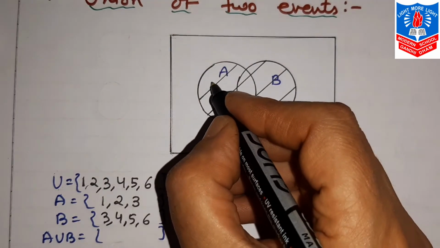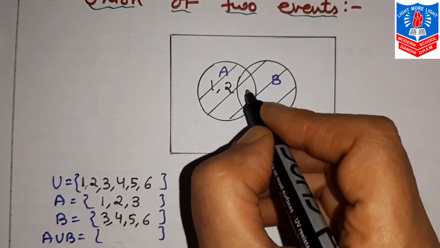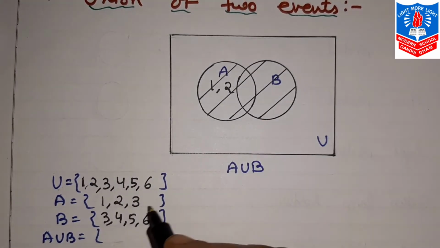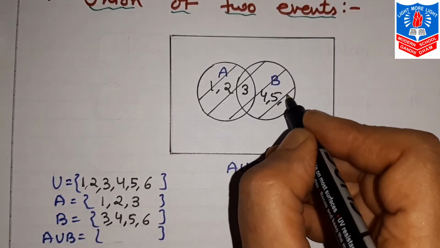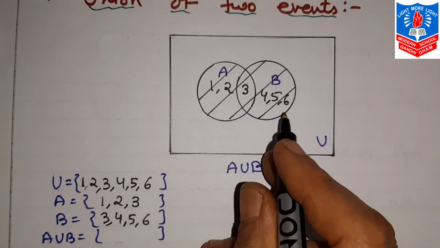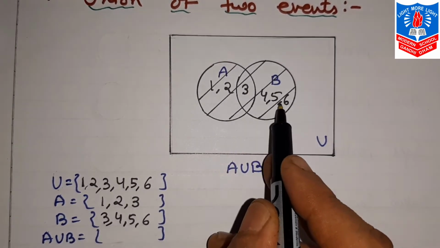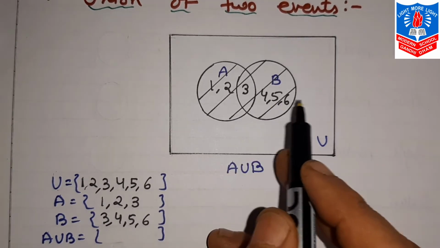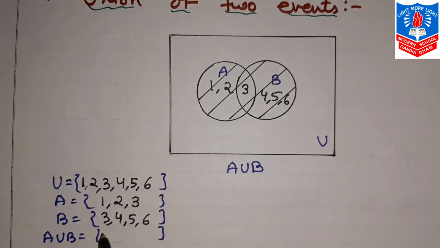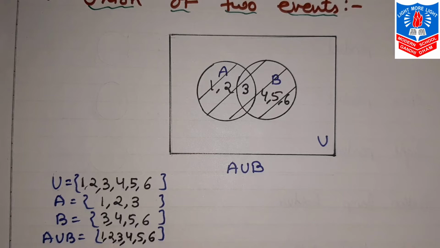So here you can see 1, 2, and because 3 is common in both, we write it once here, and 4, 5 and 6. So this way 1, 2, 3, 4, 5, 6. This is called A union B. So here A union B will be 1, 2, 3, 4, 5 and 6.